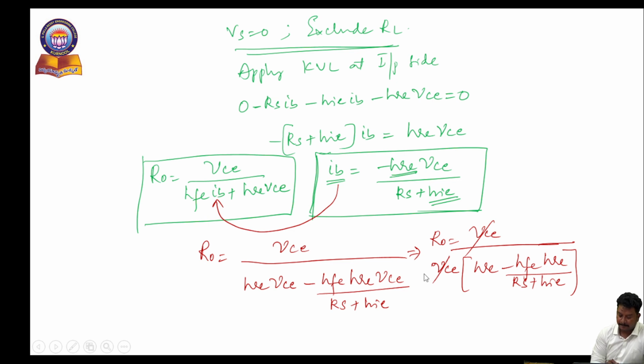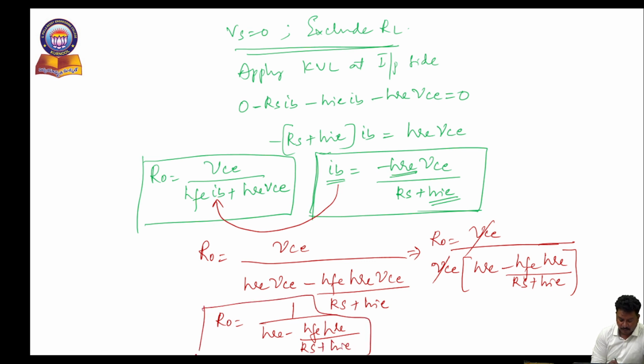And finally, R naught is equal to 1 by HRE minus HFE HRE by RS plus HIE. So this is the final equation we are achieving after defining the output impedance of an amplifier.